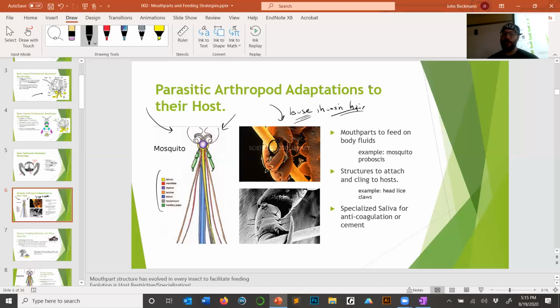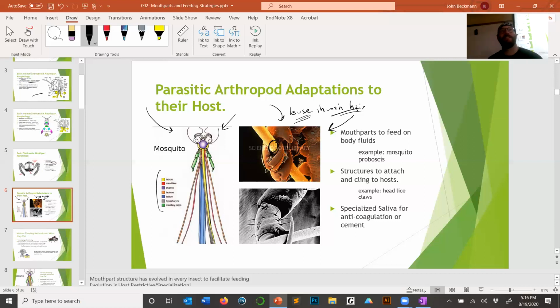This is just an example. There are many of these evolutions that make these ectoparasites so specialized that it's very common that they cannot cross-feed on different things.